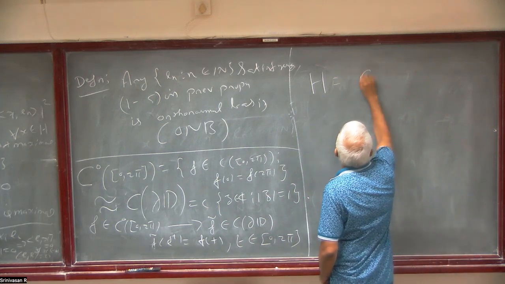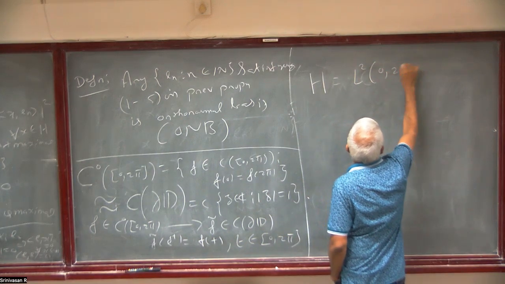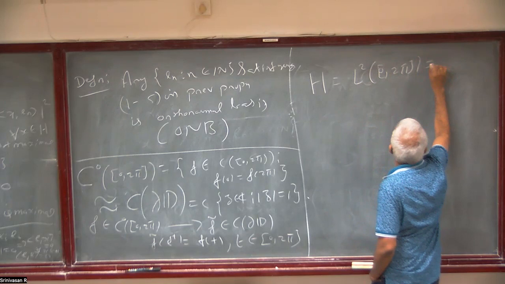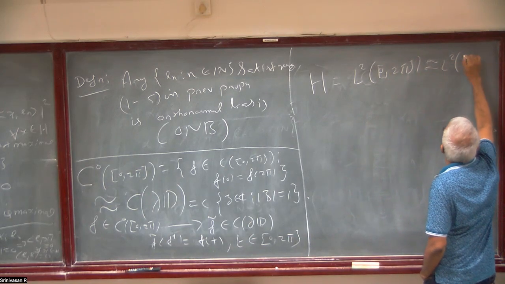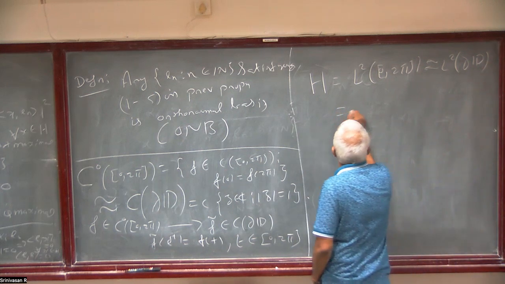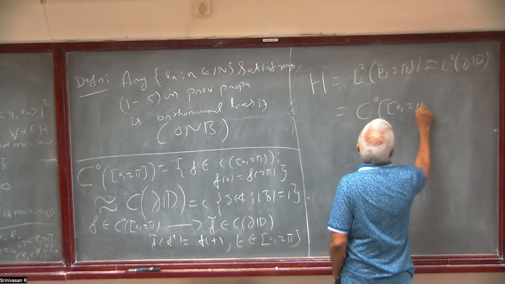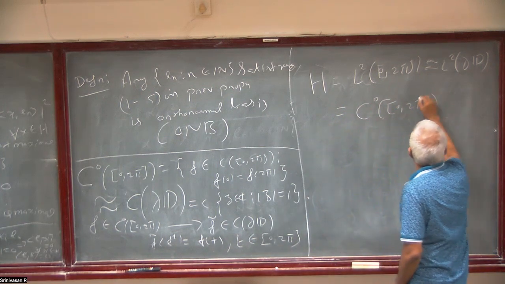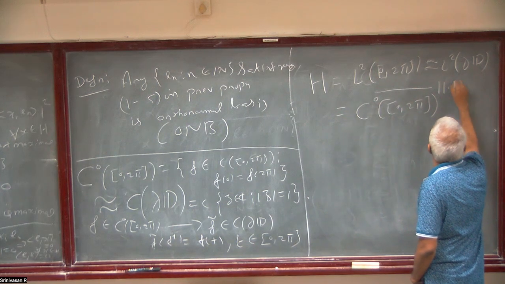Our H is to take L2 of 0 to pi, which is also the same as L2 of the circle or whatever you want, which is just the completion of this. Is it okay if I define it like that?